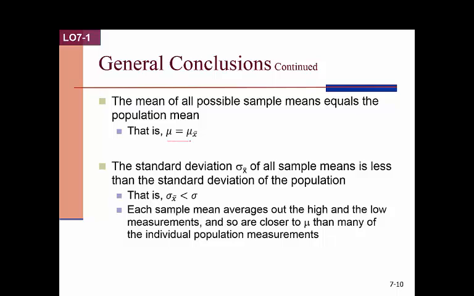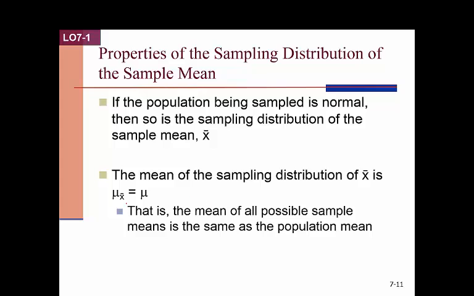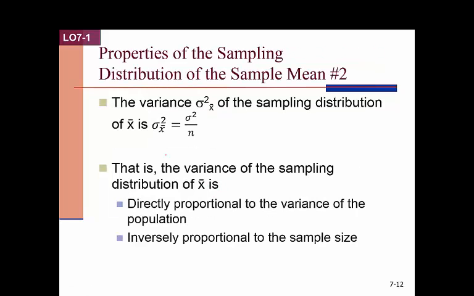Your mu is best estimated by the mean of your means, and the standard deviation of your x bar is going to be less than sigma. That's the best estimator for your mean, but the exact connection is based on sample size.